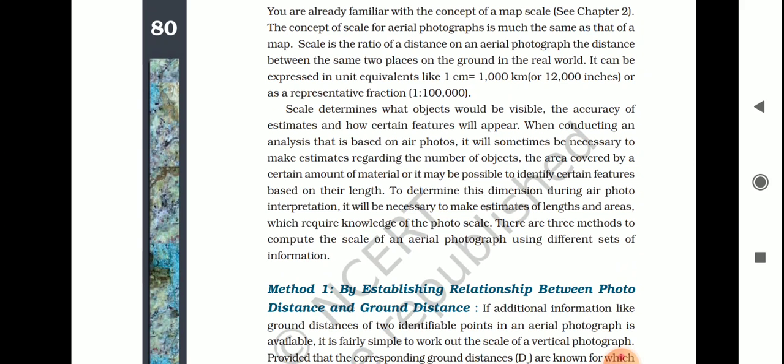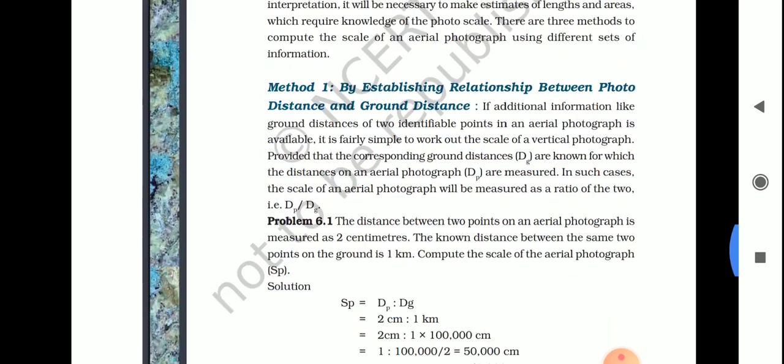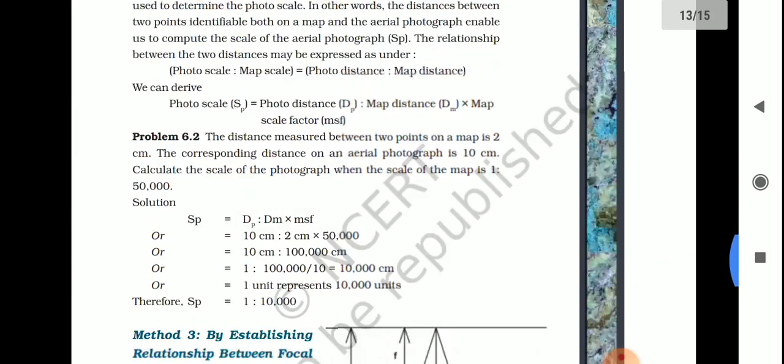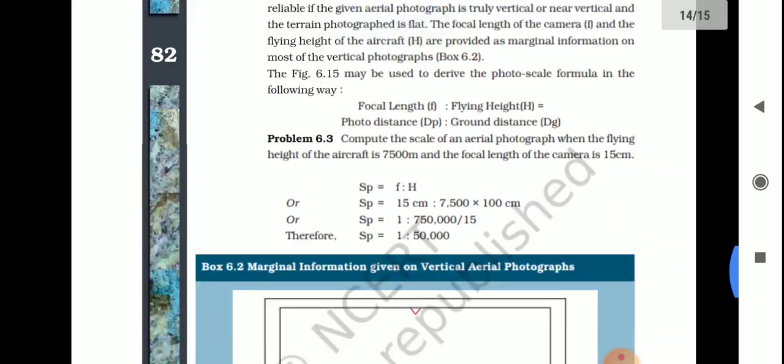Scale is the ratio of the distance on an aerial photograph and the distance between the same two places on the ground. It is expressed in unit equivalent, like 1 centimeter is equal to 1 kilometer, or as a representative fraction, it is 1 is to 1 lakh. So through this we can understand. I'll send you one more video.